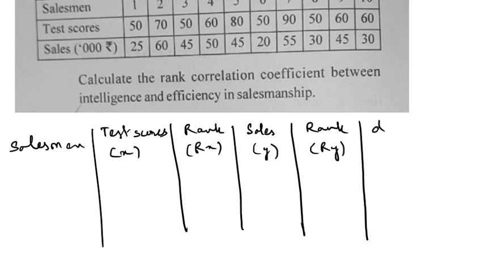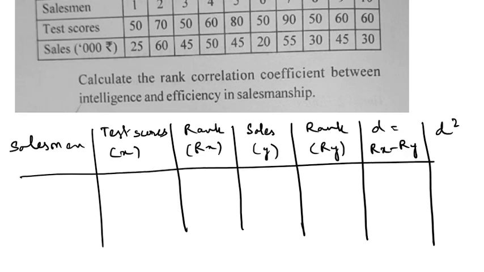You have D, RX minus RY. Next you have D square. So these are all the table headers.